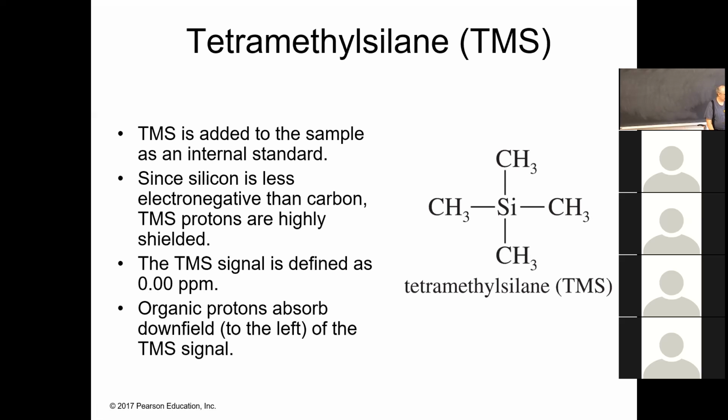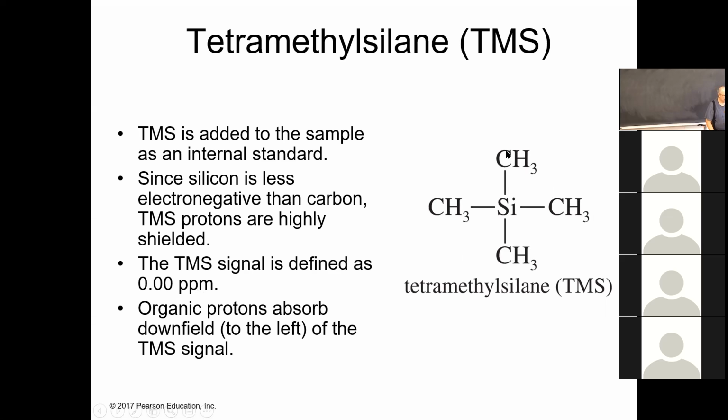Most organic protons will absorb downfield, or to the left of TMS, so that makes it a good choice as a reference. These protons on the methyl groups are more shielded than most other protons in organic compounds.